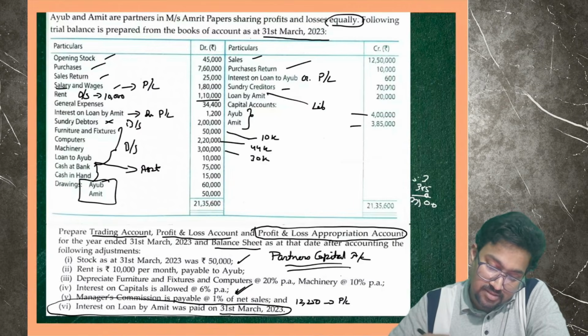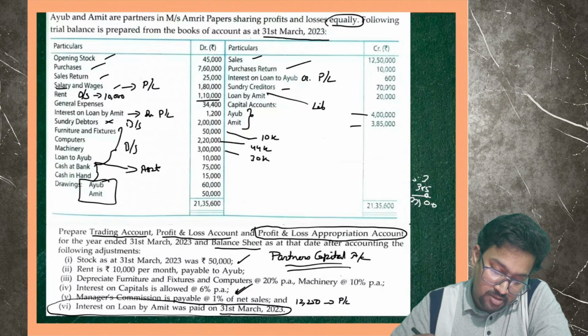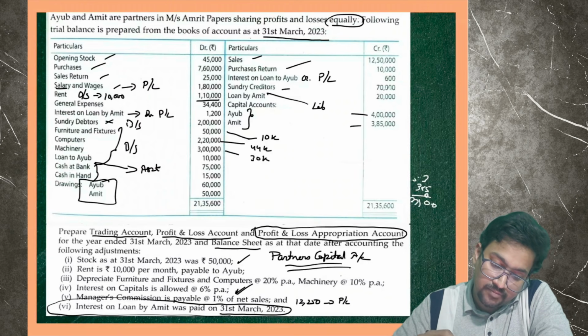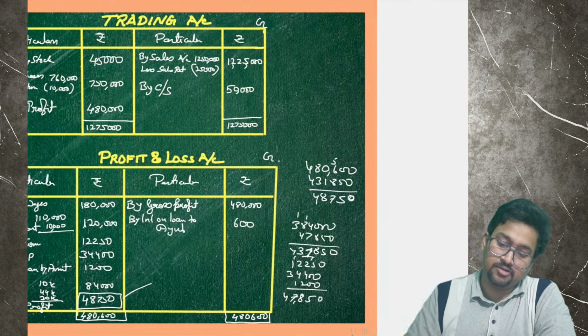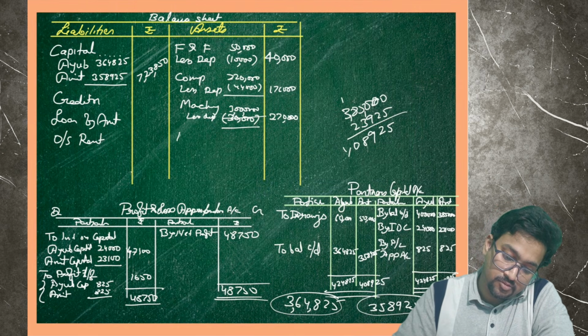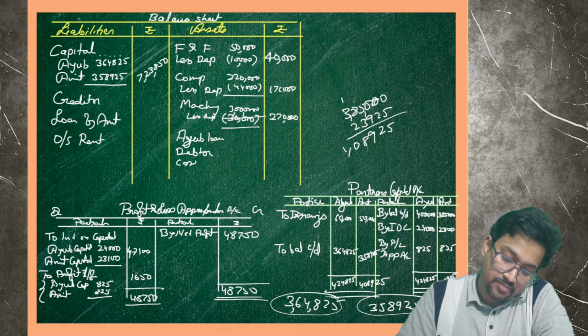So apart from this, we have loan to Ayub, then debtors and cash and bank.